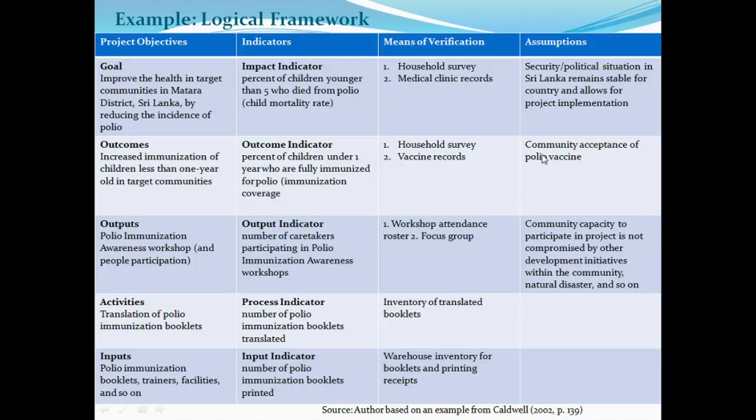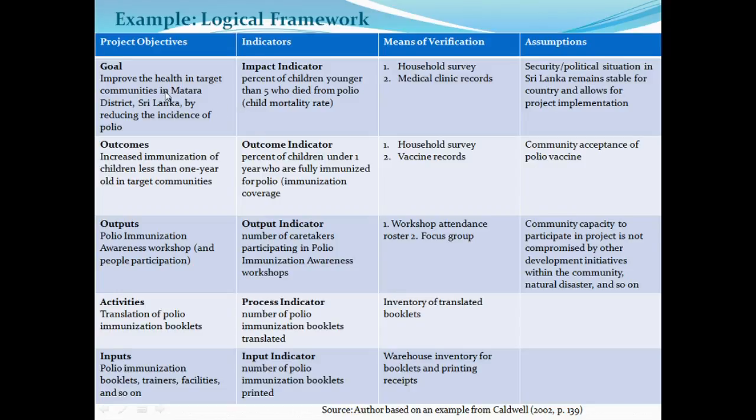Now, as I said, you can make some of the assumptions that you want. So the assumption here is community acceptance of the polio vaccine. Assuming that the community will accept the polio vaccine, this outcome is going to be achieved under such circumstances, right?